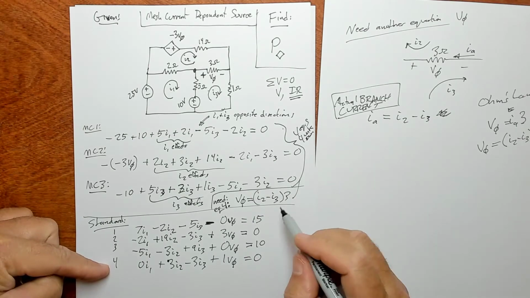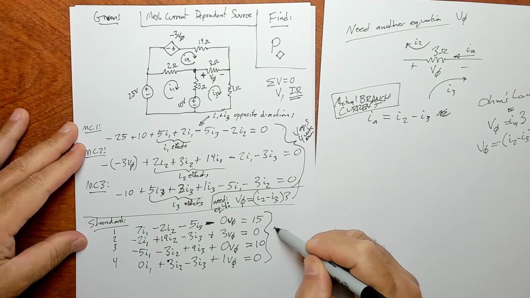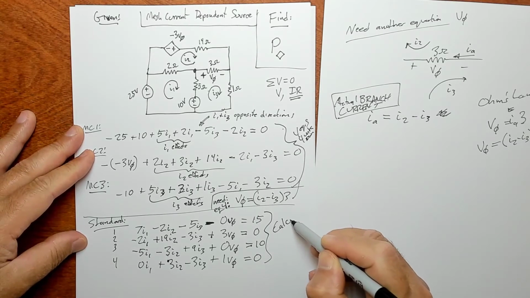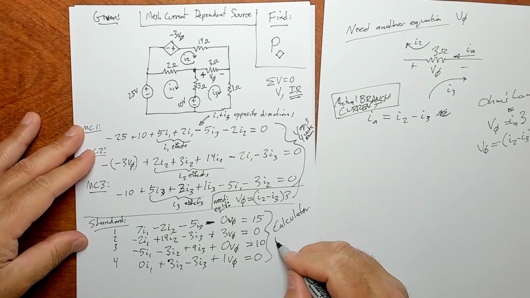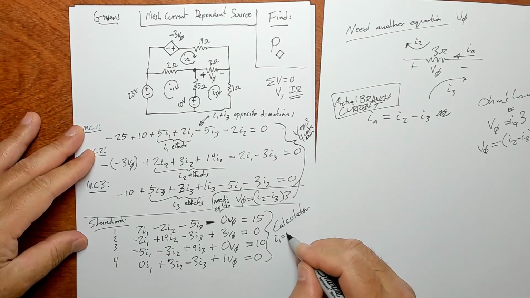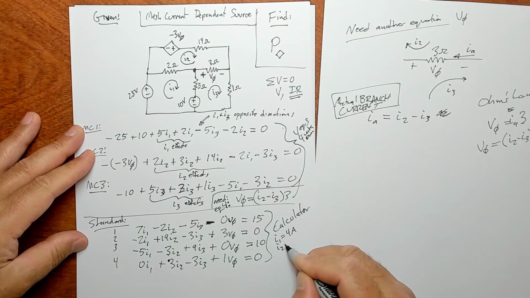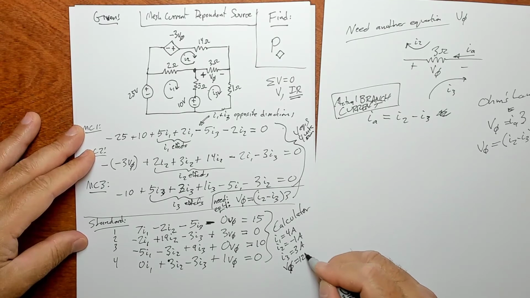Okay, so this we can calc. The answers that are spit out is 4 amps, minus 1 amp, 3 amps, and V5 spits out, that's 12 volts.